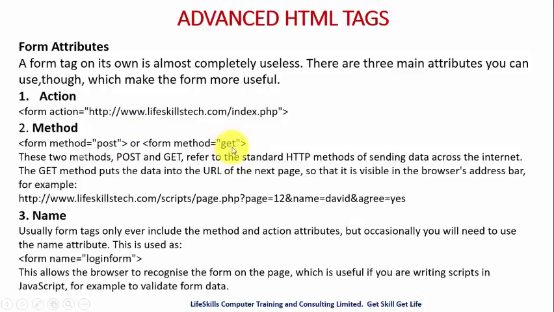But when we use get, immediately you submit the form, you will see the data appended to the address on your browser. Any of them will work, but if you don't want your data to be visible in the browser address, I would recommend you use post.